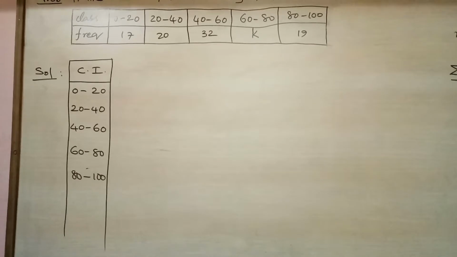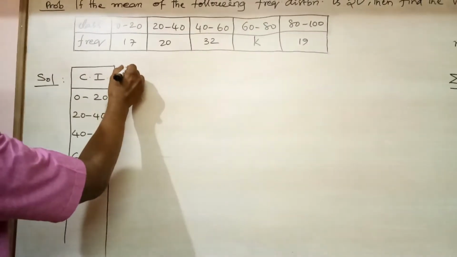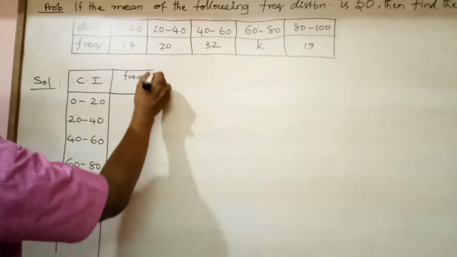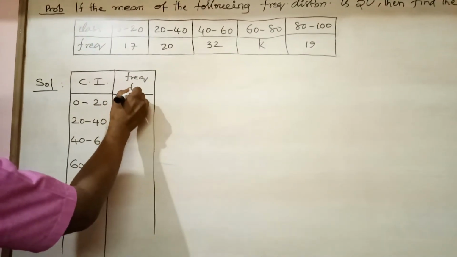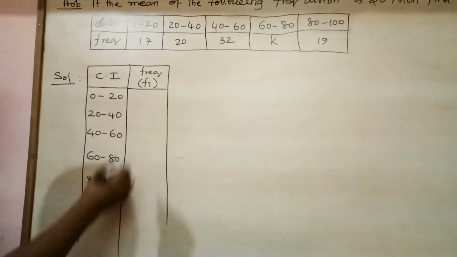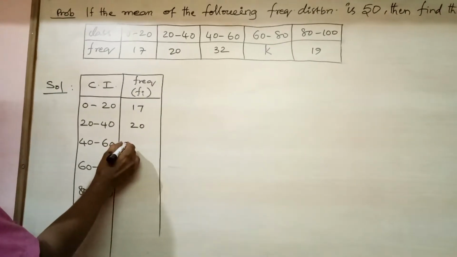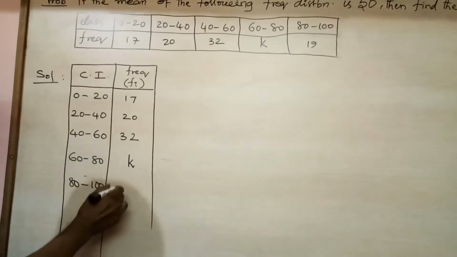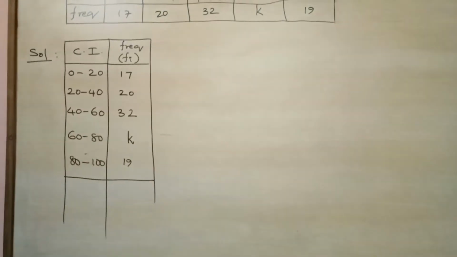Then the second row represents frequency, represented by fi. The fi values are 17, 20, 32, k, 19. These are given.